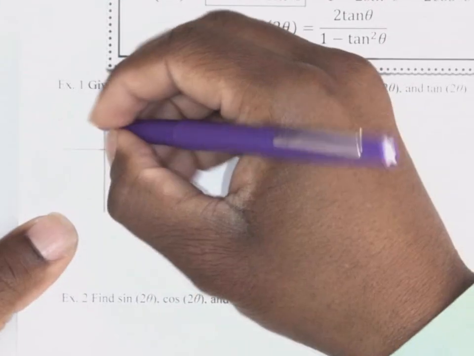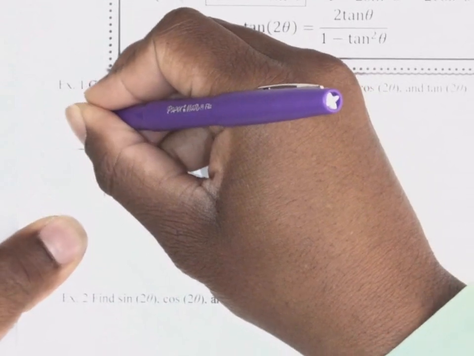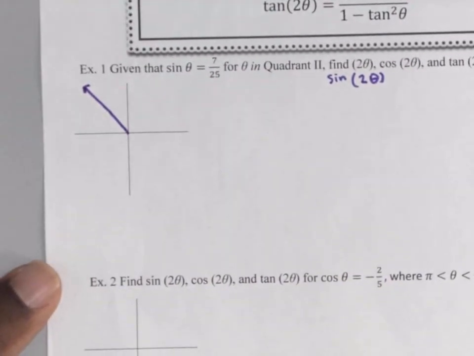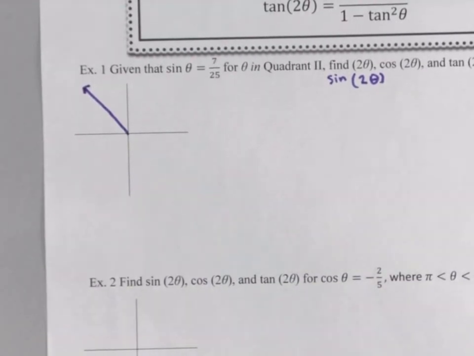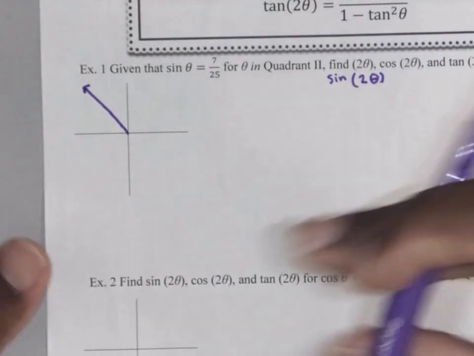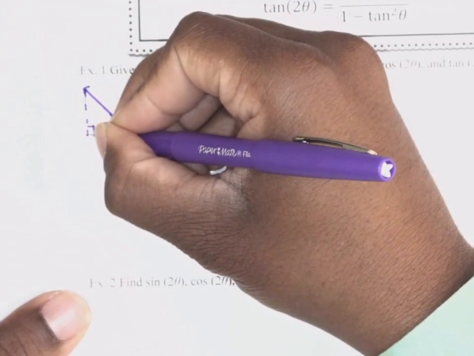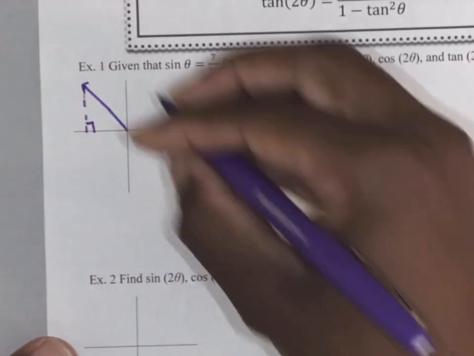Quadrant 2. So I'm going to go to quadrant 2 and I'm going to draw an angle. I don't know what the value of this angle is, but I don't really need to know it. I do want to be able to use these ratios and label an angle in this quadrant. Okay, so I draw an angle in this quadrant. I'm going to turn it into a right triangle by going straight to the x-axis. My reference angle is here.